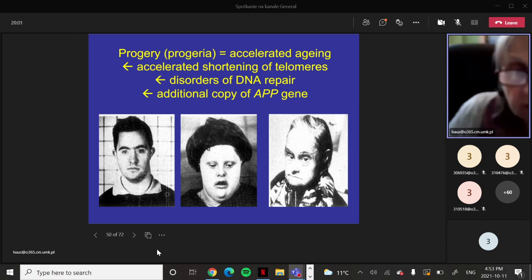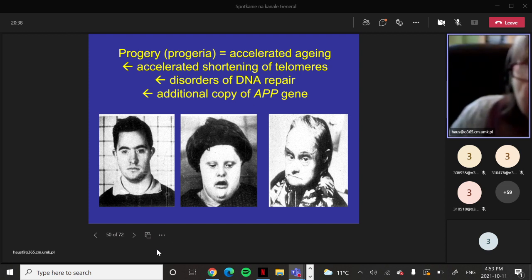Progeria. I have taught you that it means accelerated aging, and because of what? Accelerated shortening of telomeres, ends of chromosomes, disorders of DNA repair in many persons with Down syndrome, and an additional copy of the APP gene on chromosome 21.